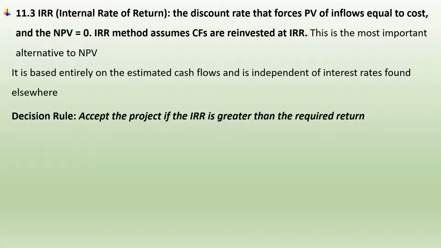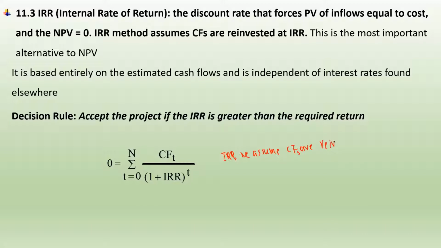The decision rule is that we accept the project if IRR is greater than the required return. Here the discount rate is IRR, and for the IRR rule we assume the cash flows are reinvested at IRR.